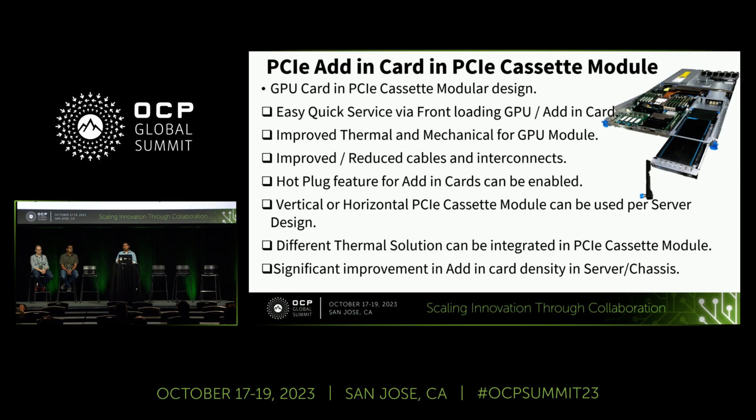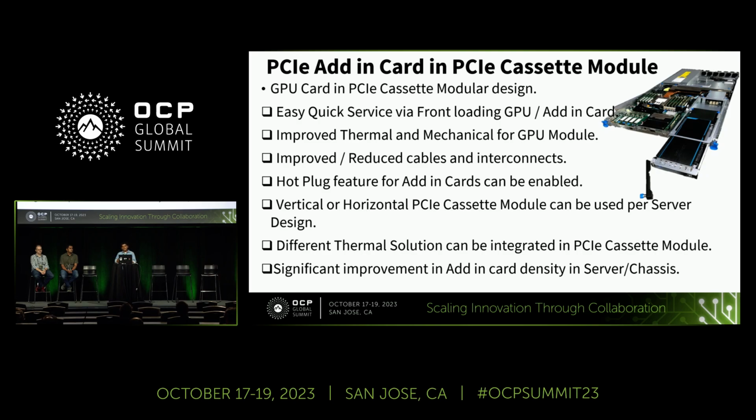Here, what you see in the picture is the horizontal cassette that we are shipping with. This is the GPU card primarily focused on gaming SKUs, VDI, and rendering. This is available in one of the Microsoft Azure VM offerings that is currently available to customers.